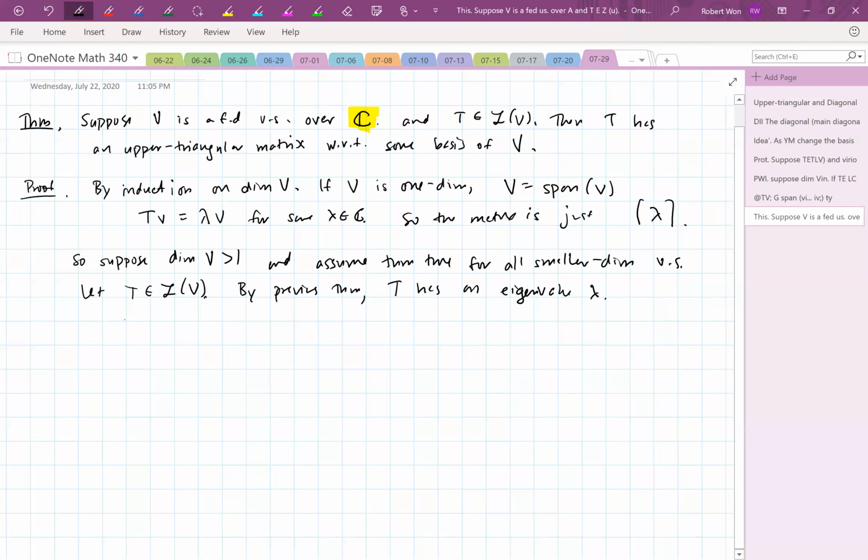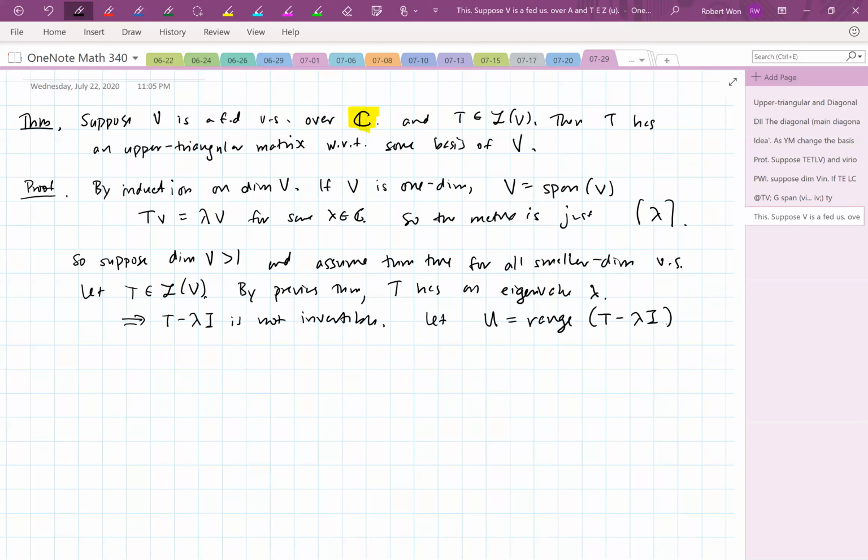Since lambda is an eigenvalue, this means that T minus lambda I is not invertible. Okay, so let's let U now be the range of T minus lambda I. Since T minus lambda I is not invertible, it has a non-trivial null space.